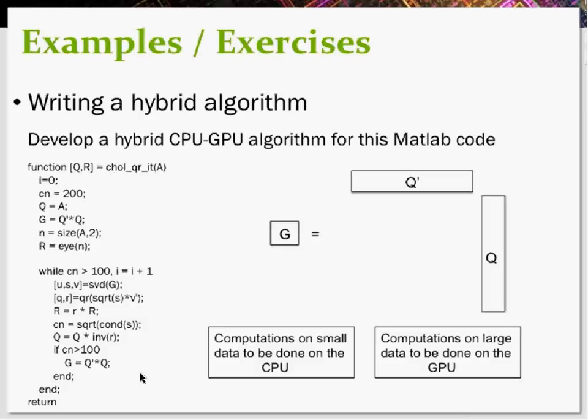For this operation, we compute G as Q transpose times Q. A hybrid code would place this on the GPU, have this small matrix, only 36 by 36, moved to the CPU and do all the complicated work there.